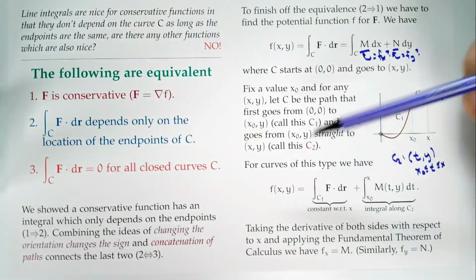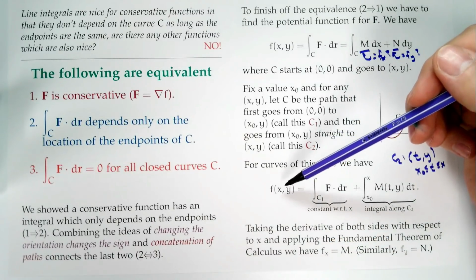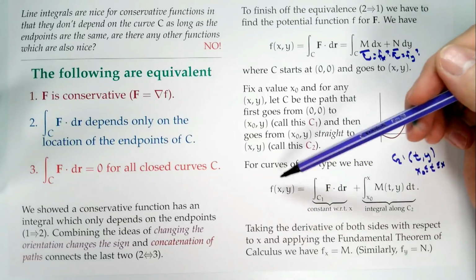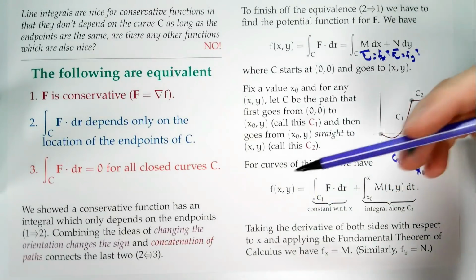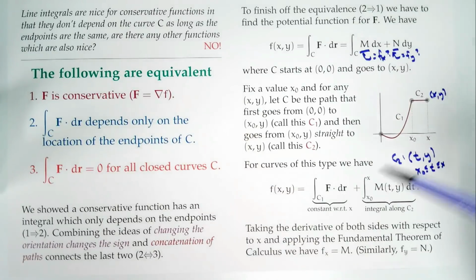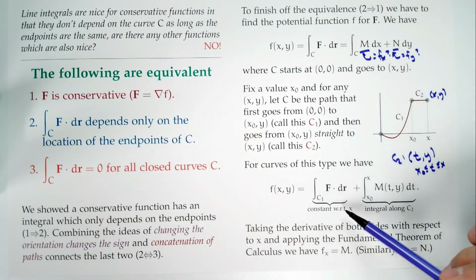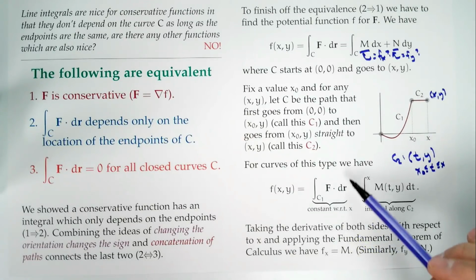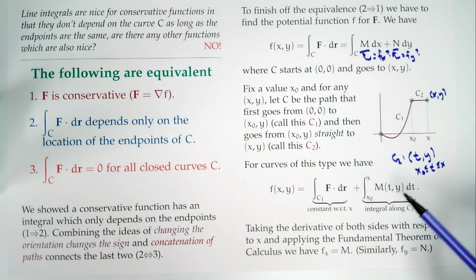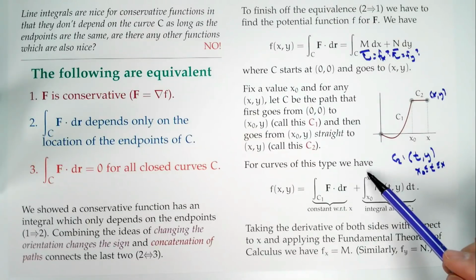Now, take the derivative with respect to x. If you take the derivative of this side with respect to x, you're going to get f sub x, because it's the derivative of f with respect to x. Take the derivative of the first term. Well, this doesn't depend on x at all. Note it's constant with respect to x. Gone. Come to this part. Take the derivative with respect to x. The only place where x shows up is up here.